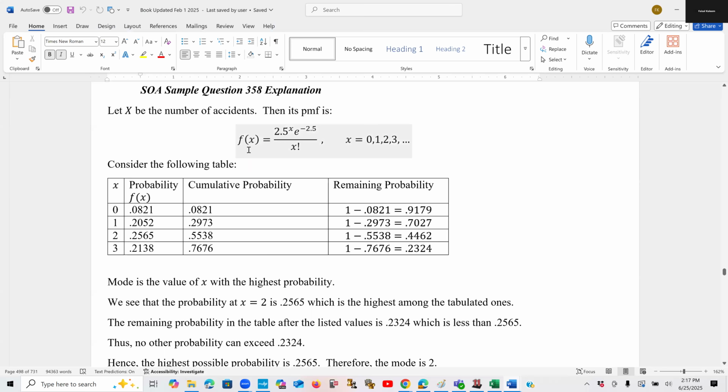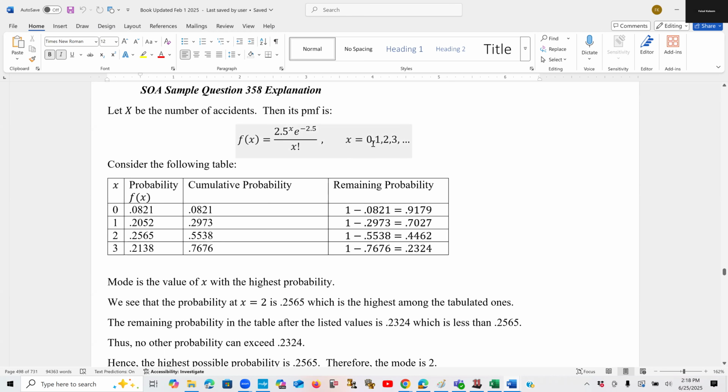So the Poisson formula is mean power x, e power negative mean over x factorial. That's the probability of having x accidents. So we can do it by finding the probabilities from the very beginning.